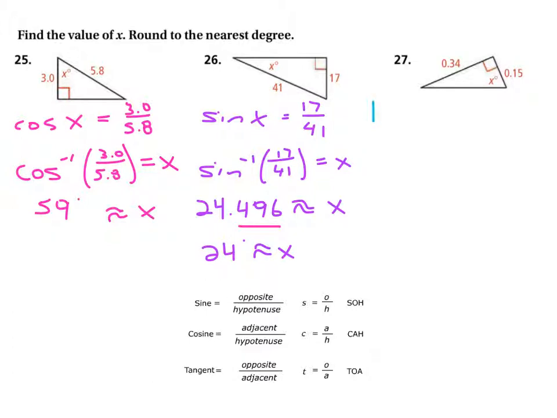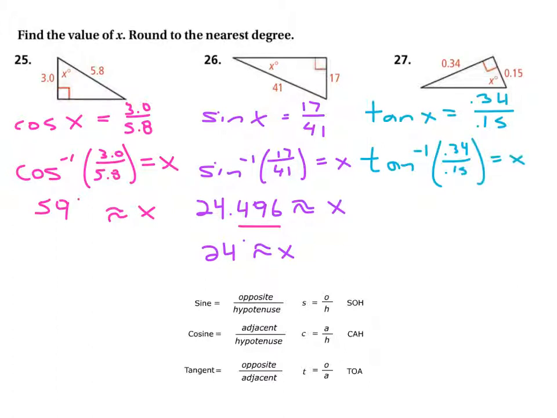So we say tangent of x is equal to, what is the opposite side of this number x? 0.34. What is the adjacent side to that angle x? 0.15. So if we want to solve for this, we do inverse tangent of the ratio, 0.34 over 0.15 is what x will equal.